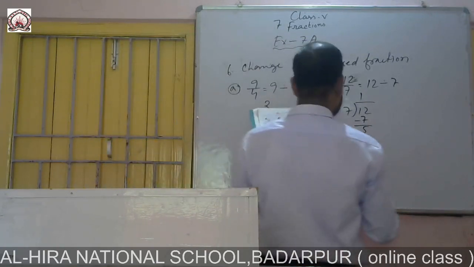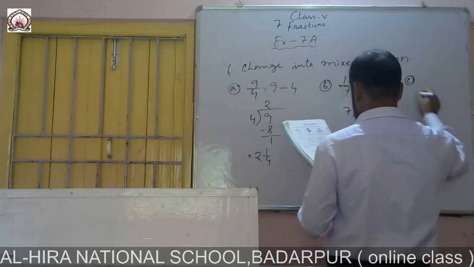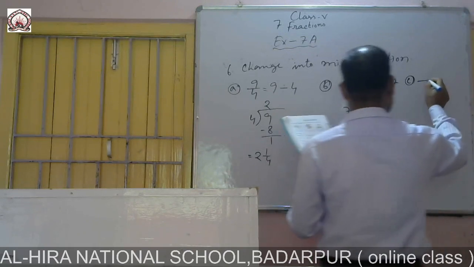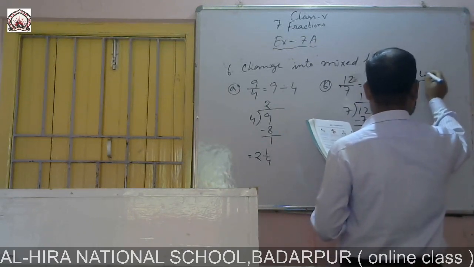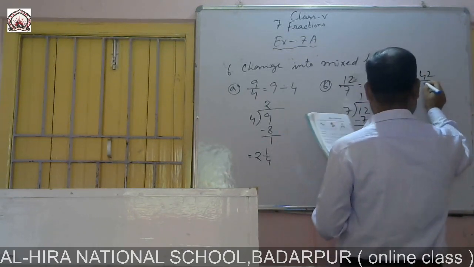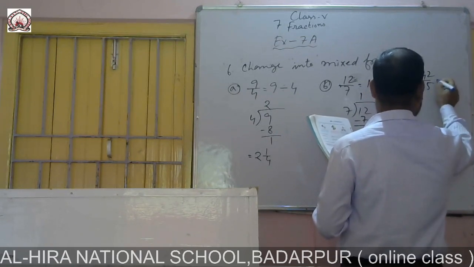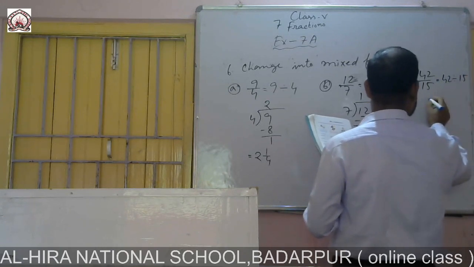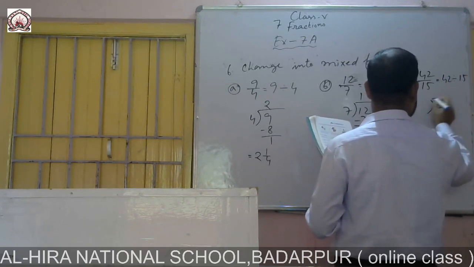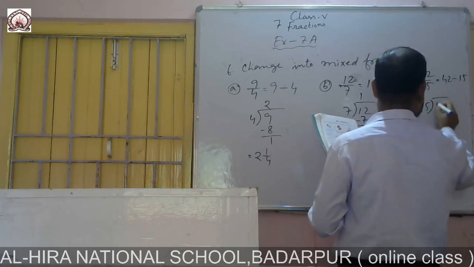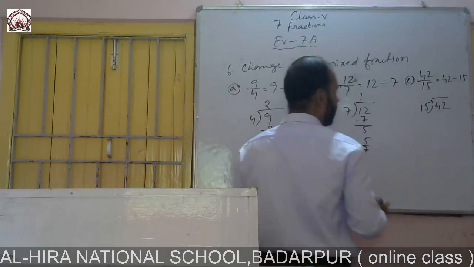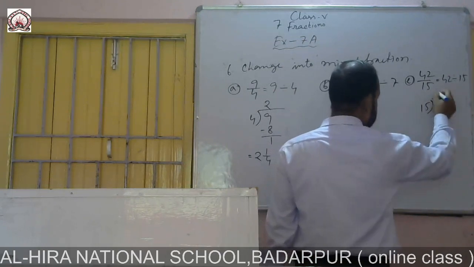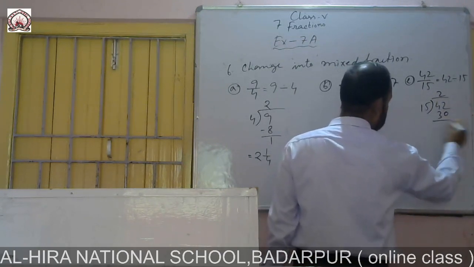Next, number C. 42 by 15. We divide 42 by 15. So 15 2s are 30.